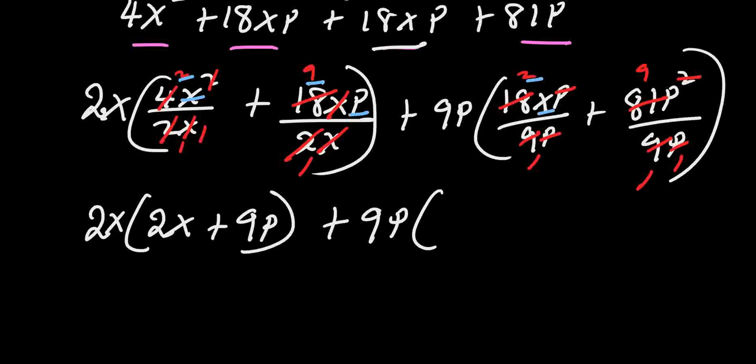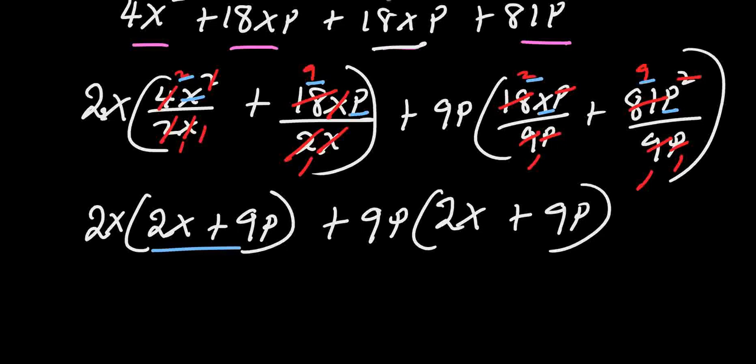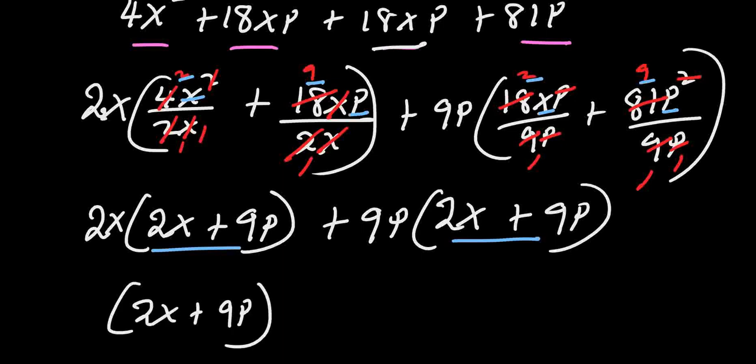So 2x plus, and we also have, this is 9 and this is p, 9p. So plus 9p. So if you look at the parentheses, we have the same value, 2x plus 9p, 2x plus 9p. So we can simply write that 2x plus 9p close parenthesis. So if we cancel them from here, then we are left with 2x plus 9p.